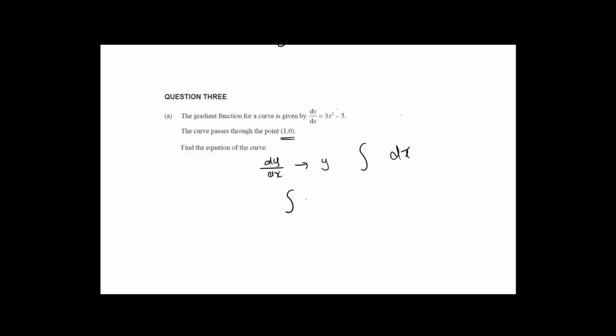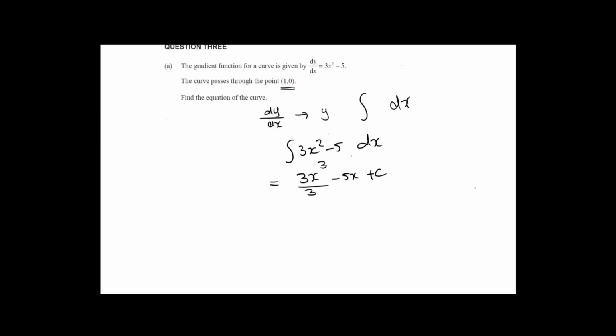So we're going to integrate 3x squared minus 5 with respect to x. So the 3x stays, the 3 grows here. We have to divide by 3, minus 5x, and we have a c. So I guess we can cancel those. So we've got x cubed minus 5x plus c.